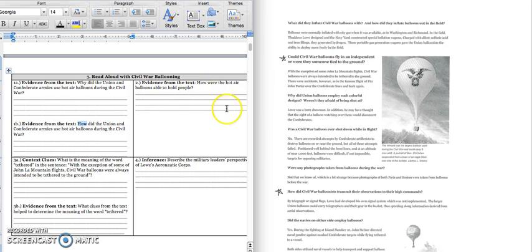So when you're saying how were the hot air balloons able to hold people, you could say the hot air balloons were filled with diluted sulfuric acid and iron filings that generated hydrogen. This allowed them to float in the air.